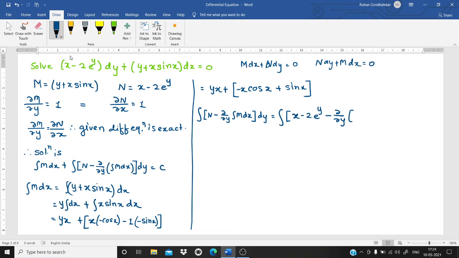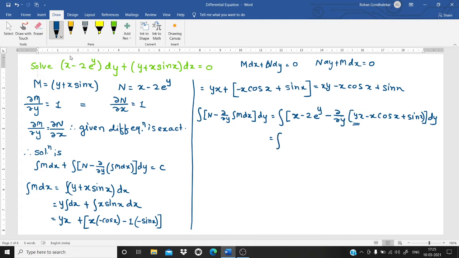What is the value of integral M dx? This is the value: yx minus x cos x plus sin x, and then integration is with respect to y. Okay, I'll write this term as xy minus x cos x plus sin x. Now we partially differentiate this bracket with respect to y.